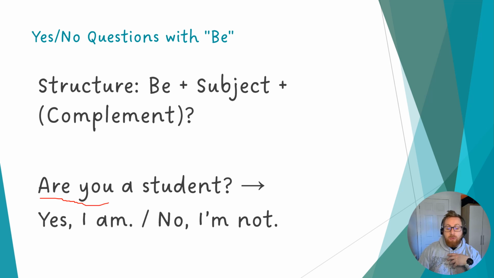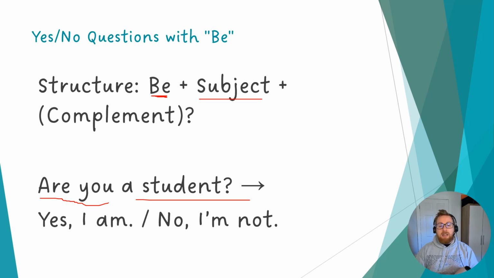Are you a student? So are is a version of be. Subject, you, and then the complement. What are you talking about? The student. So are you a student?